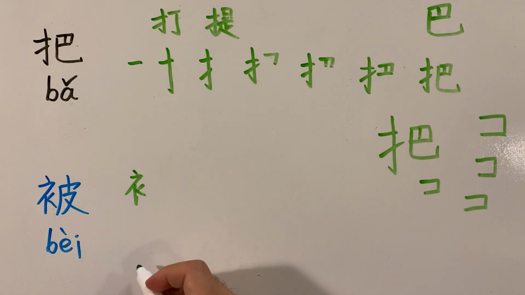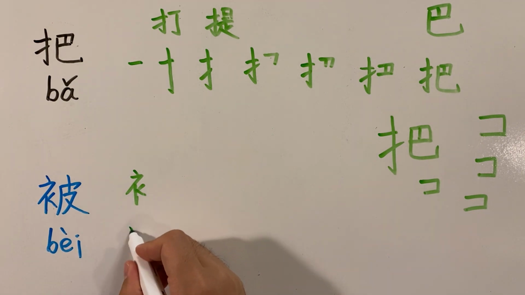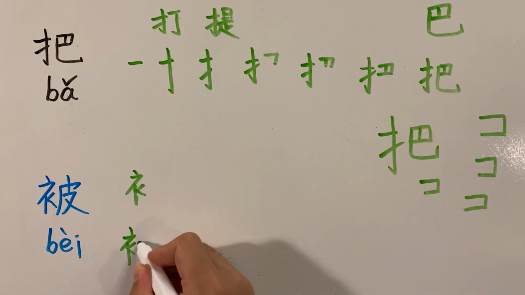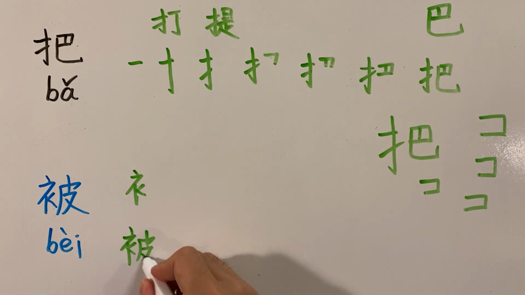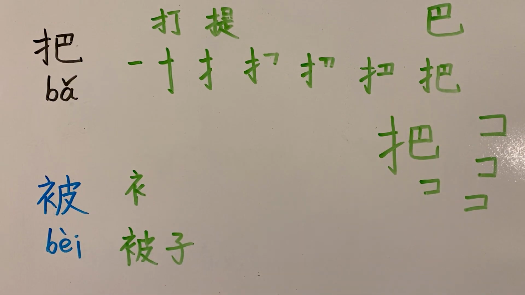I will write it down because it's very important. 被子 means quilt. A blanket is 毯子, and 被子 is quilt. The 子 is the suffix of this word.